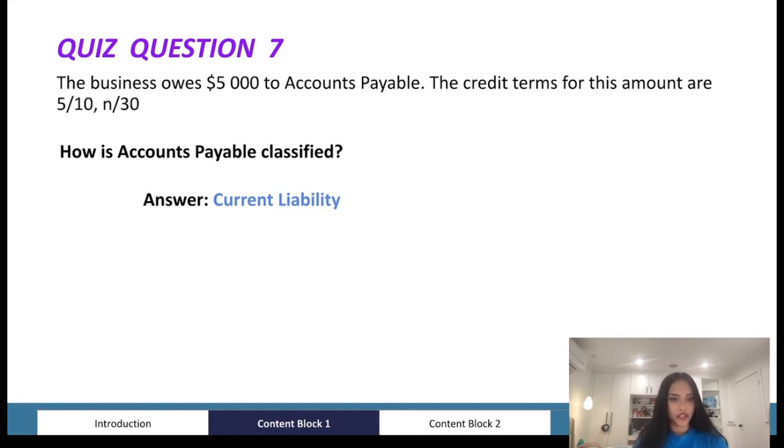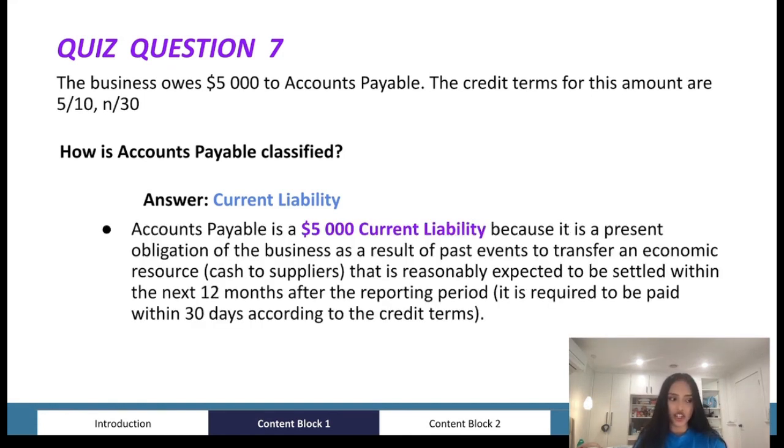Okay, the answer is current liability because it's an obligation that will be settled within 12 months.